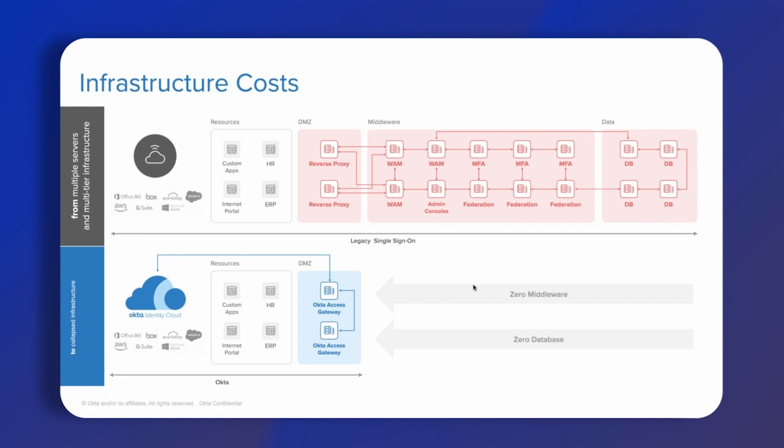Now, Okta Access Gateway, as you can see, is a much smaller infrastructure deployment. We really shrink the requirement, so you need fewer servers per environment, and fewer requirements per environment as well, for sending users on a huge loop through different federations, different MFA servers, different WAM, and of course having the individual admin consoles for all of them.